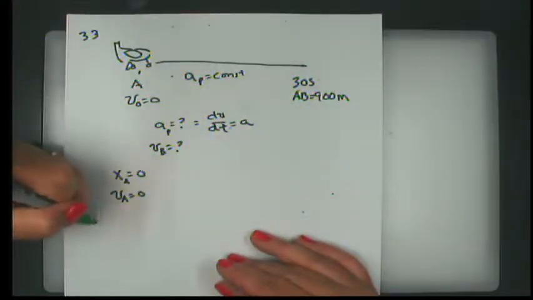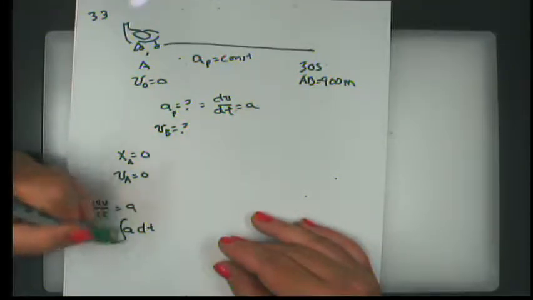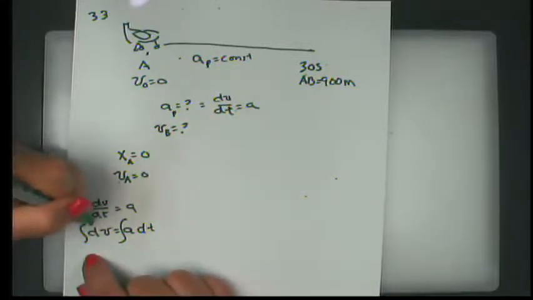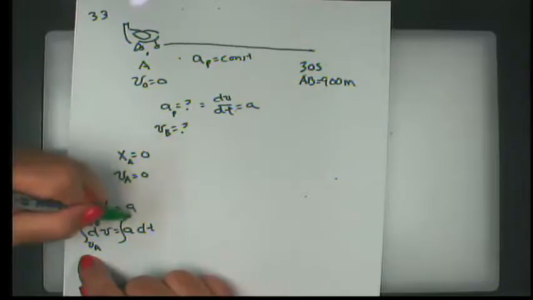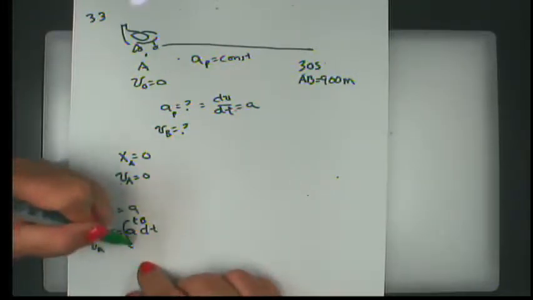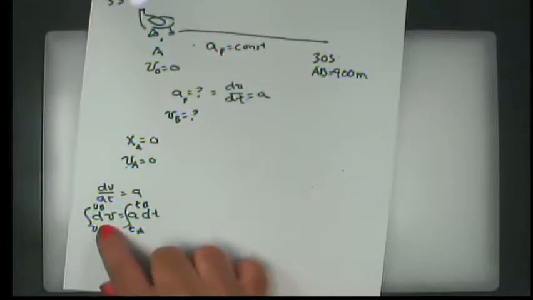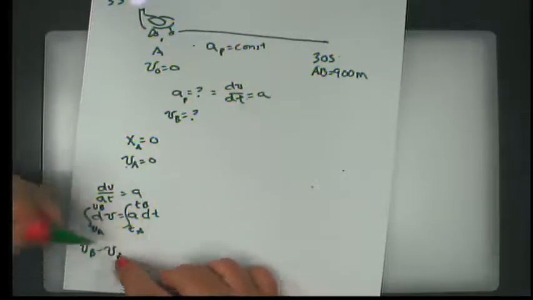So I can say then that dv = a dt, and I know that the velocity, I don't know the velocity at point B, but I do know the velocity at point A, and this would be the time at point B and the time at point A. This then is going to be the velocity at B minus the velocity at A.